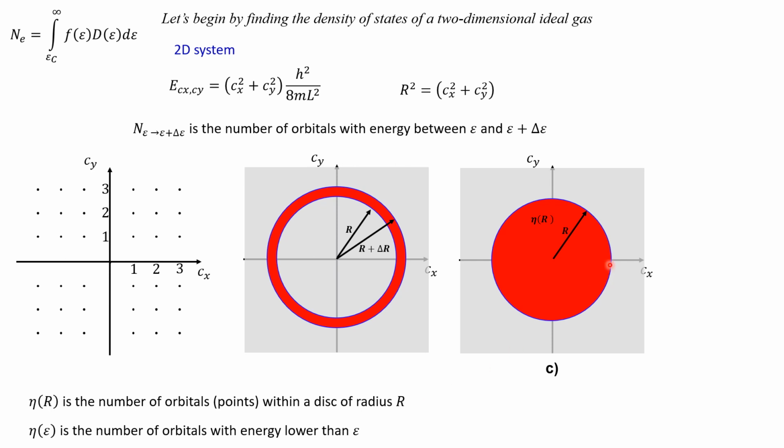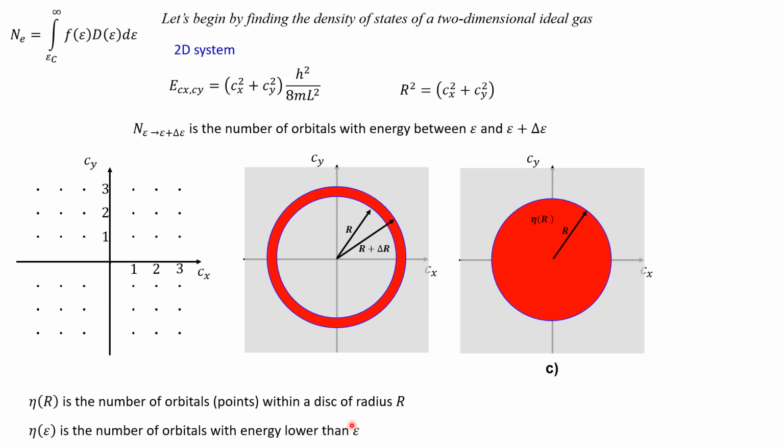So if we define the function eta of r in this way, when we express this function in terms of the energy epsilon, where the energy epsilon and the radius r are connected through this equation, this term is the square of the radius, and this term will be the energy epsilon.